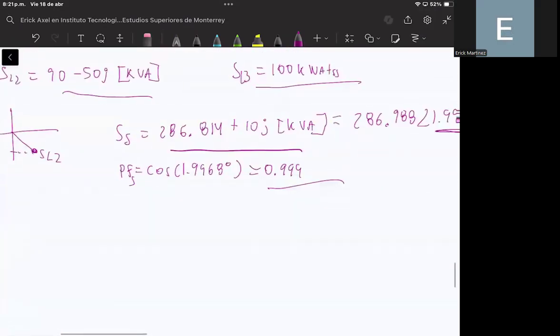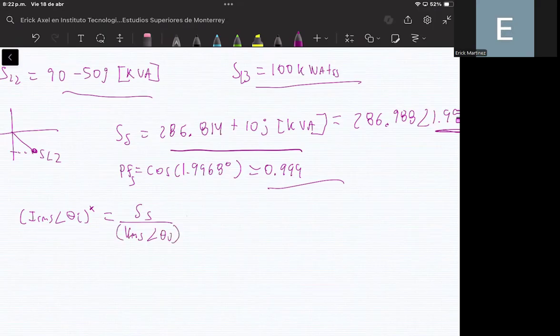So the conjugate of the RMS current phasor is equal to the complex power of the source divided by the RMS voltage phasor.